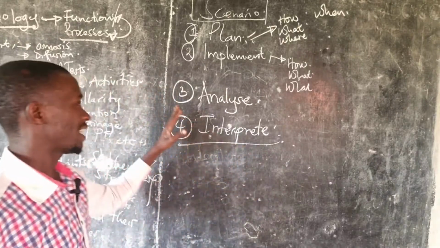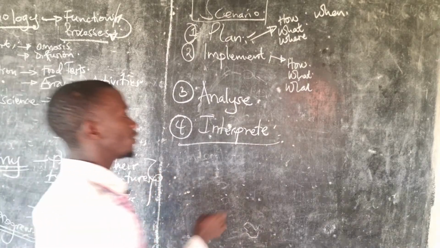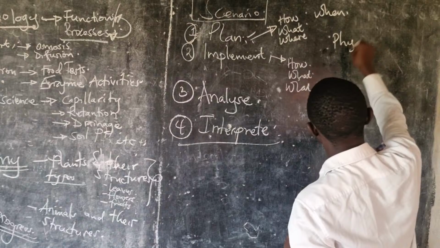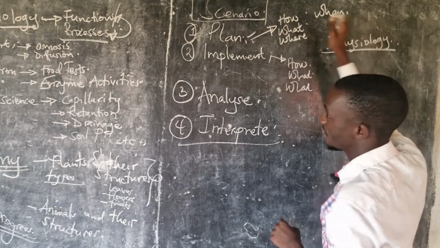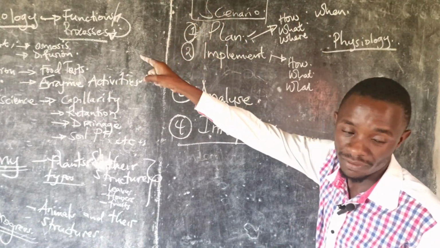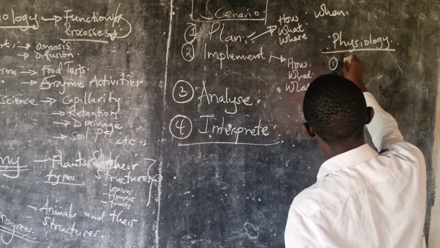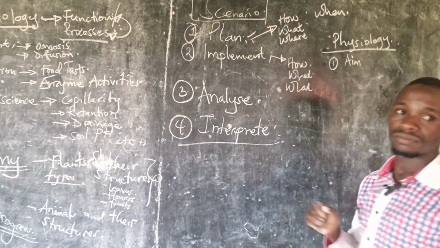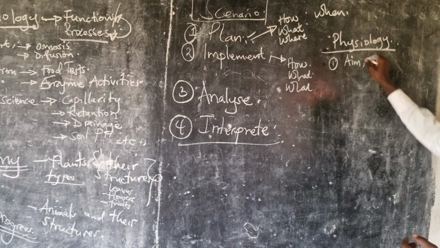Those are the other things we are going to look at. So to respond to physiology items, the items we stated at first, one should be able to state the aim of an experiment he or she is to carry out.